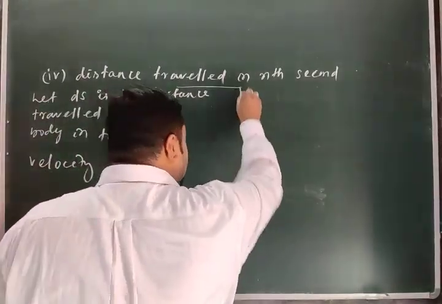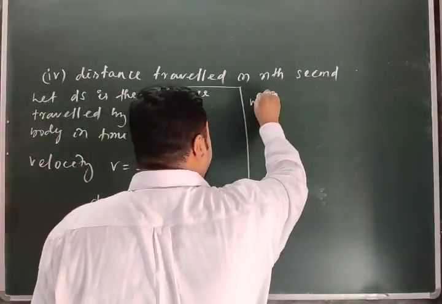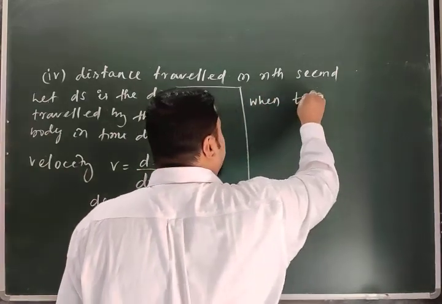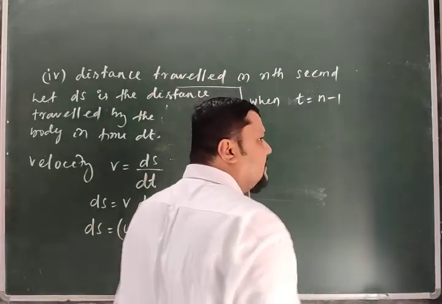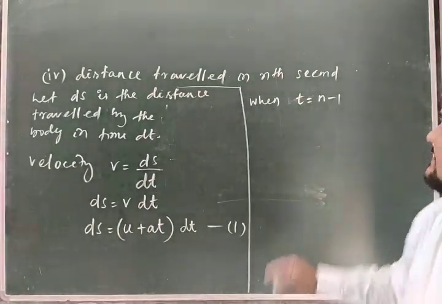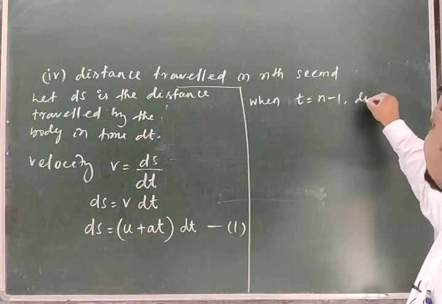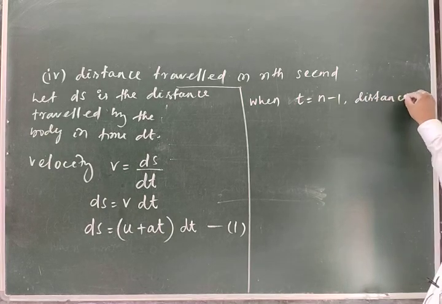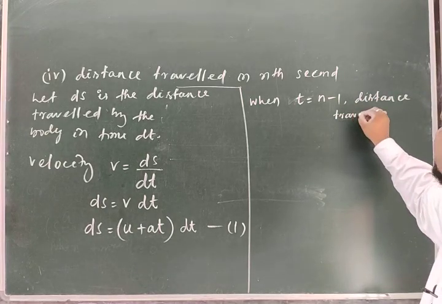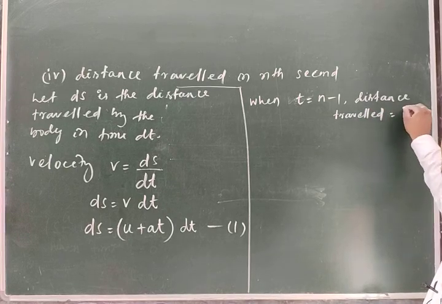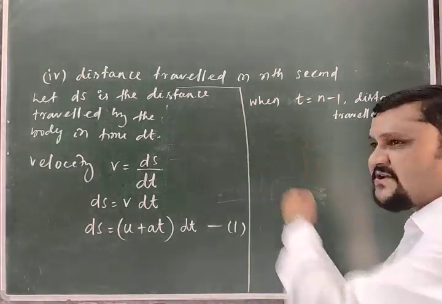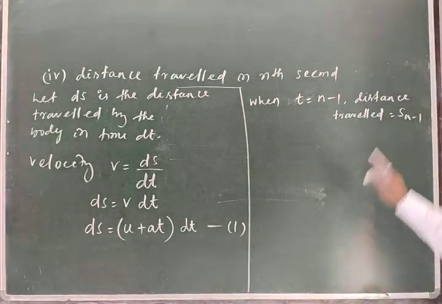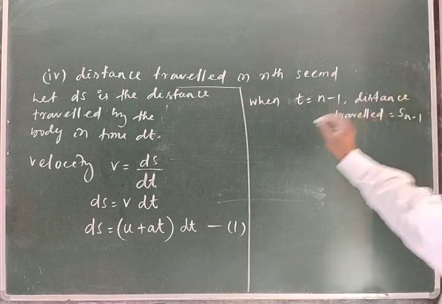Now here put the limits. The limit part is here. Then time t is equal to n minus 1, distance traveled, how much? S n minus 1. See your figure, or if you have not taken the screenshot of the previous one, then the distance traveled is S n minus 1.